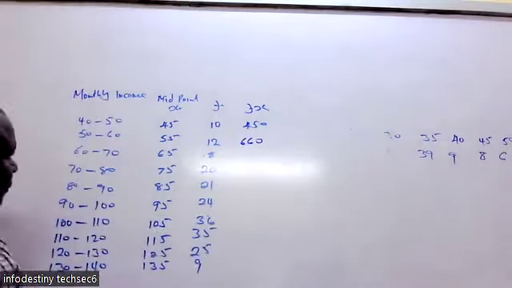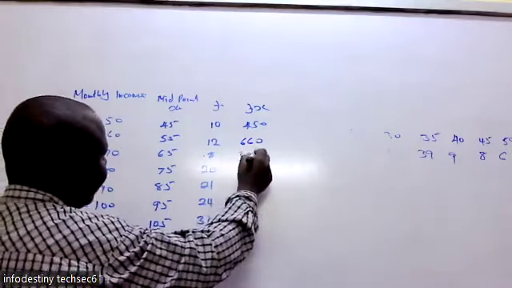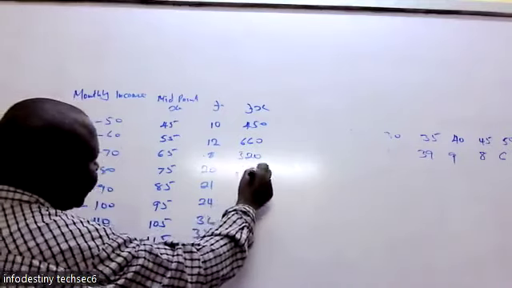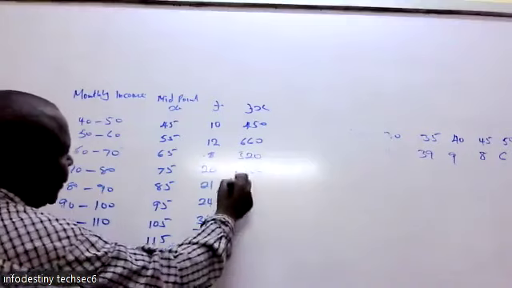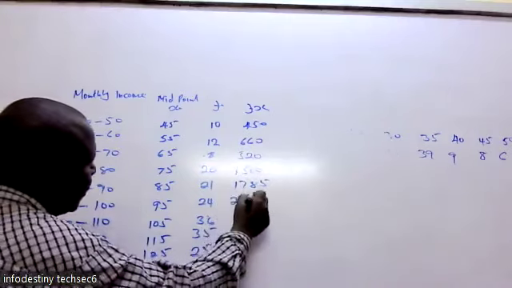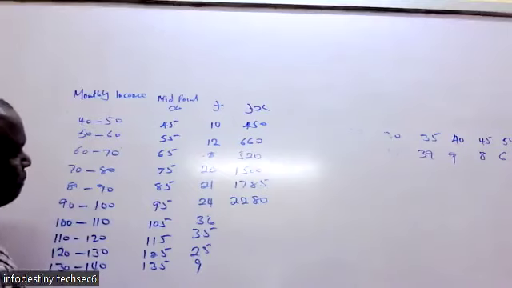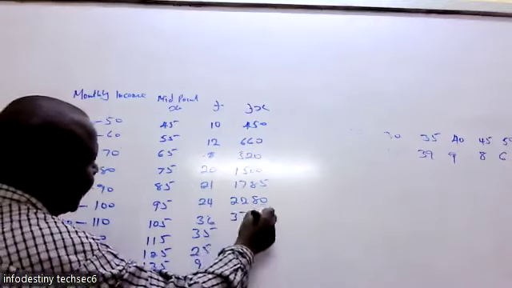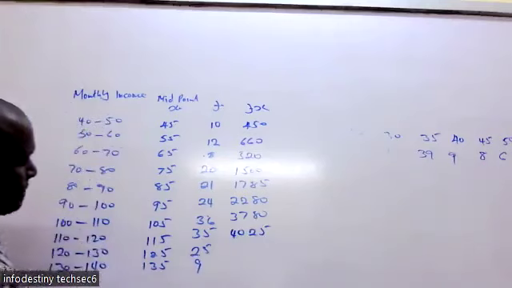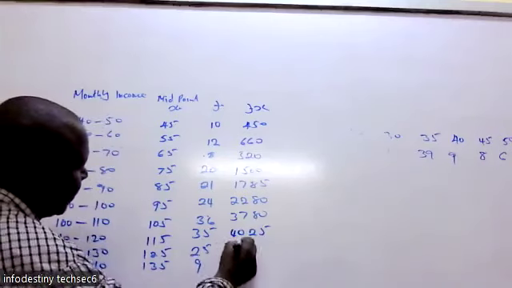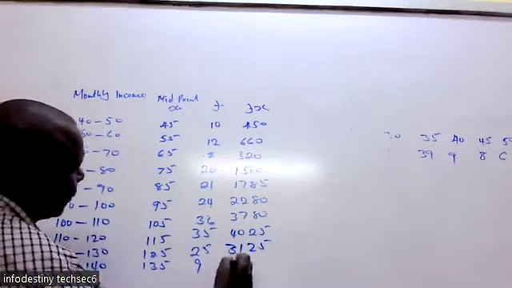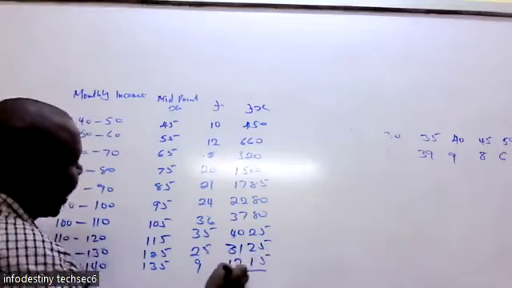The next one, 1520. 1500. 1785. 2280. 3780. 4025. 3125. 1215. Then we add this one and this.